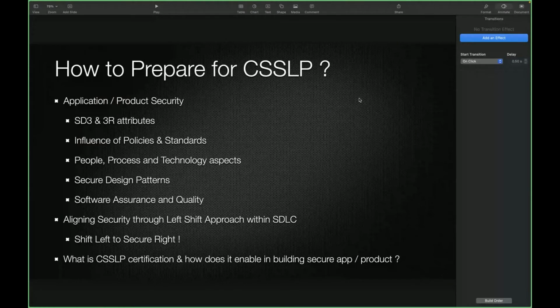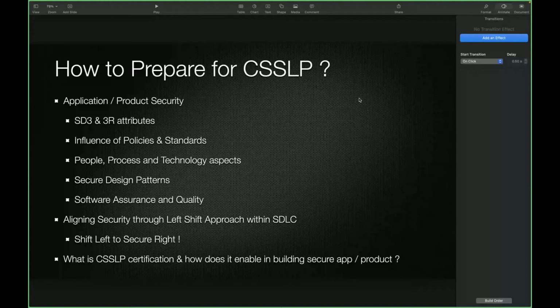What does it stand for? The first SD stands for secure by design, the second for secure by default, and the third one is all about secure by deployment.